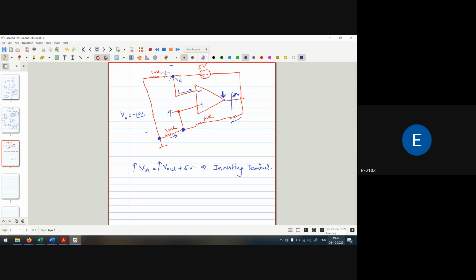So if I consider this terminal as a negative terminal, it is better to maintain this feedback as a negative feedback as compared to this one. I can put the upper feedback as positive, as well as the lower feedback as positive or negative. But the effect of the upper feedback is higher as compared to the lower feedback.